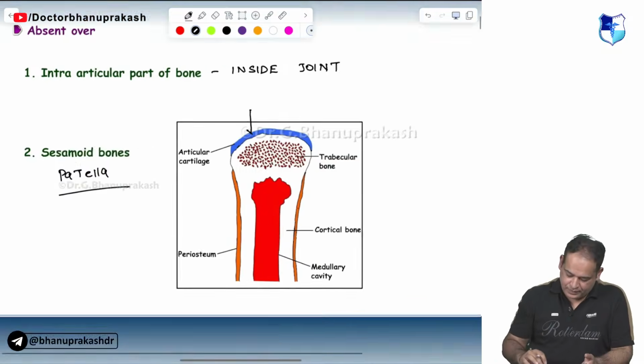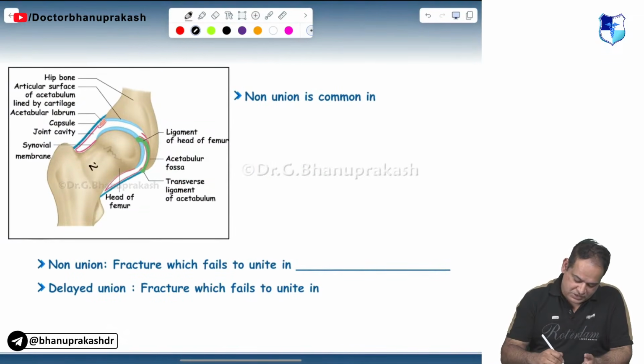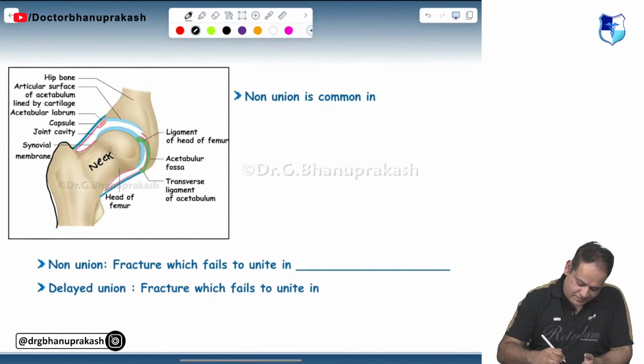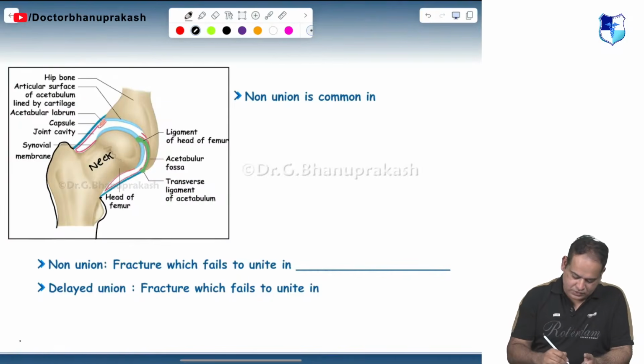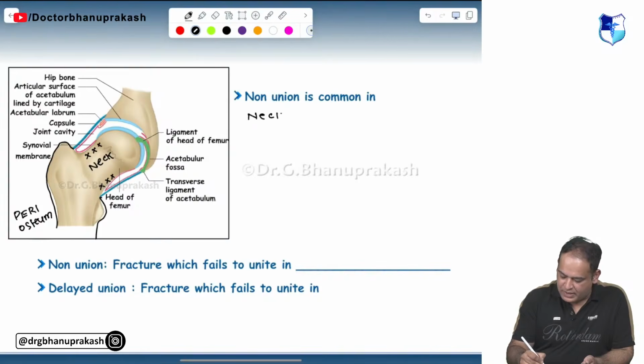Let's see. Now, so this is proximal femur and this is neck of the femur, right here. So this black line is periosteum. So neck of the femur has got no cellular periosteum. So that is why non-union is common in neck of the femur fracture.